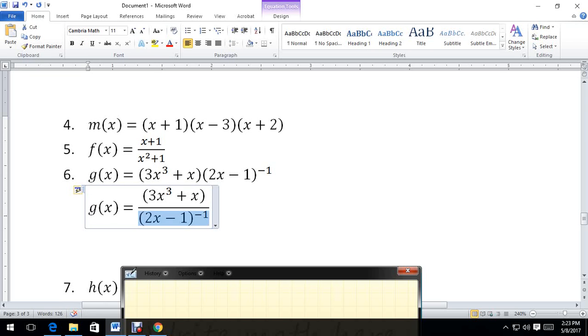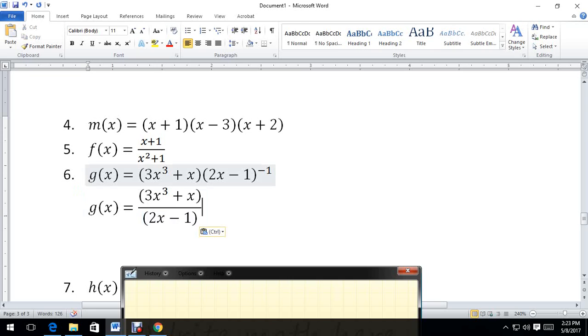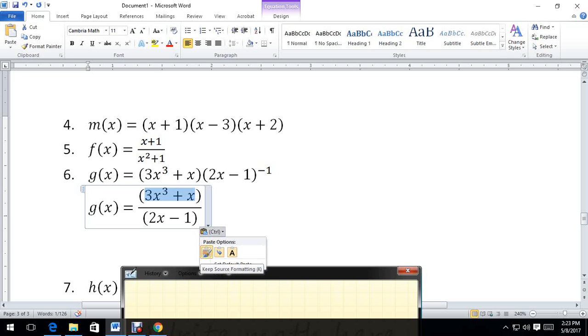And if it appears in the denominator, then we can simply remove the negative 1. So what is left is simply 3x cubed plus x in the numerator, and 2x minus 1 in the denominator.